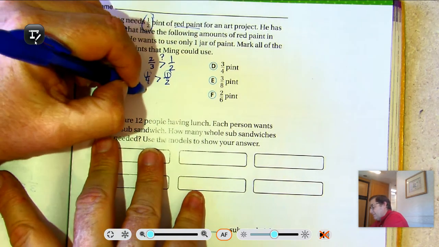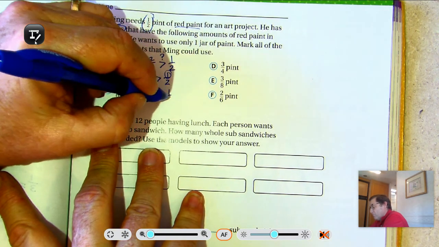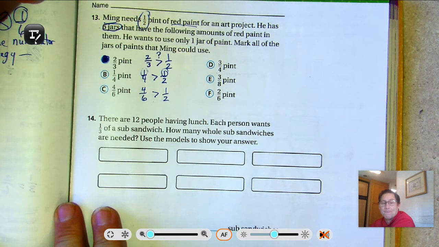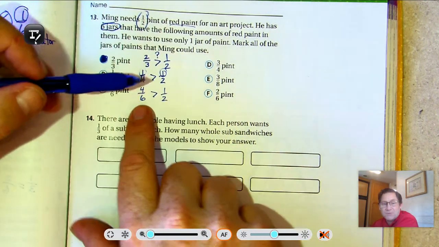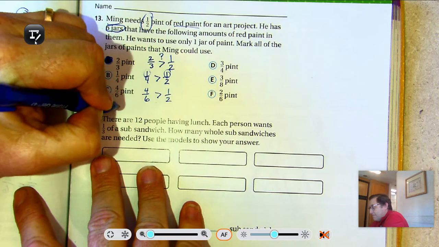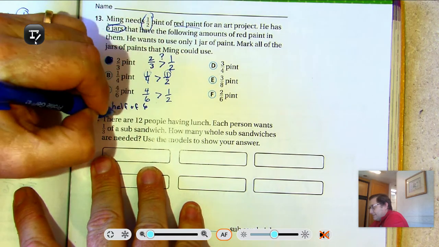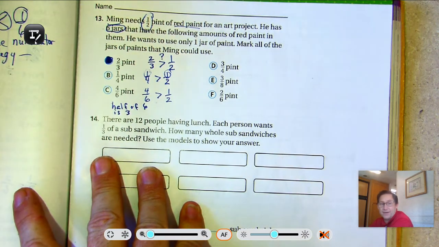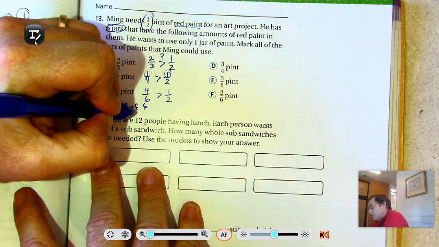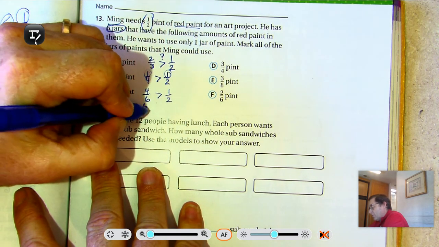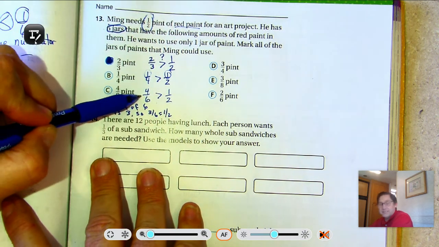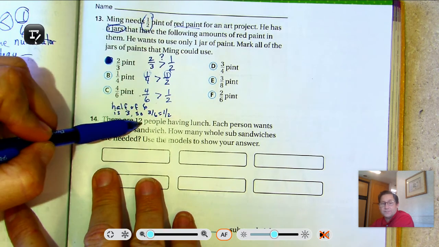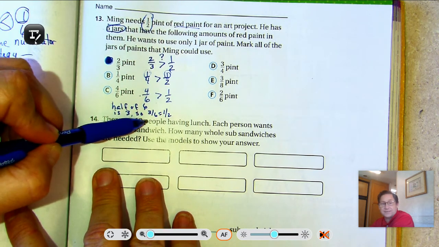4/6 pint: is 4/6 larger than 1/2? Okay, so if we compare, half of 6 is 3, right? So 3/6 equals 1/2. 4/6 is greater than 3/6.